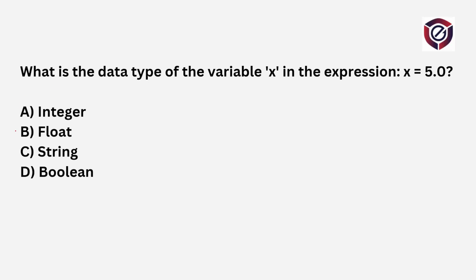So the correct option is float, because integer will not have these kinds of decimal points. Strings will be in the form of a set of characters or a mix of special characters and numbers, and boolean will be either true or false, but this kind of thing is always a floating number.